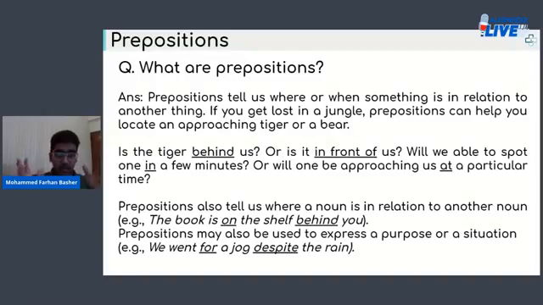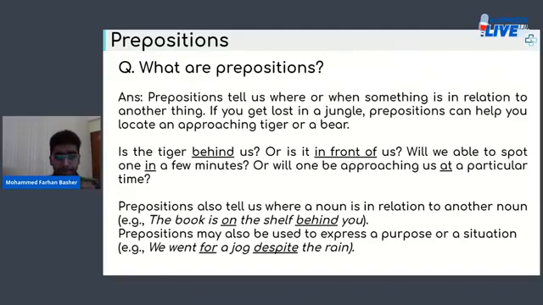So you want to make a physical relation between two objects, right? You want to talk about two objects, physical locations, or physical positions. So you use prepositions to indicate their physical locations. So maybe you've been to this jungle and you've gotten lost, right?